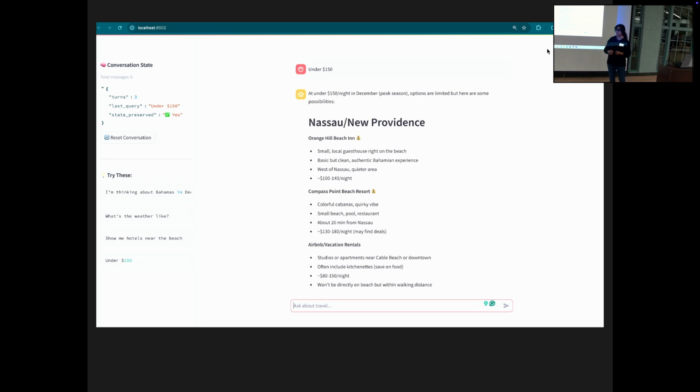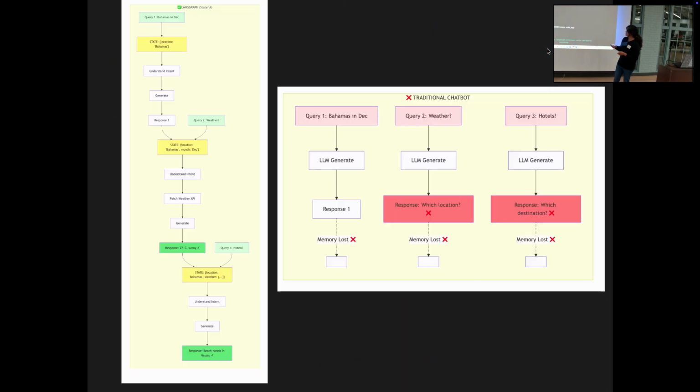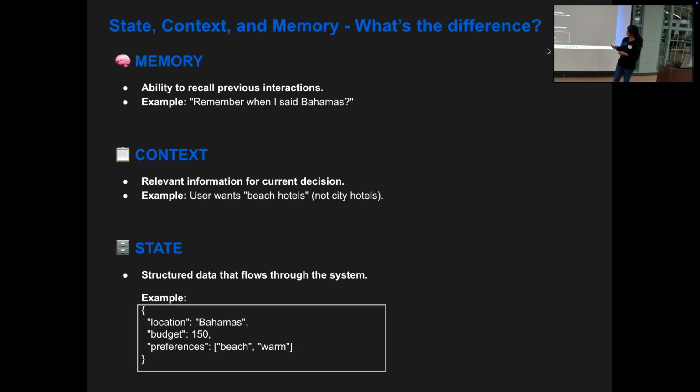Sure. So the question is, what exactly is the difference between state and contextualization? I think the best way is to go back to the slides that I had. Basically, context is when you have the conversation with the bot. Say you're asking a specific question to the bot.